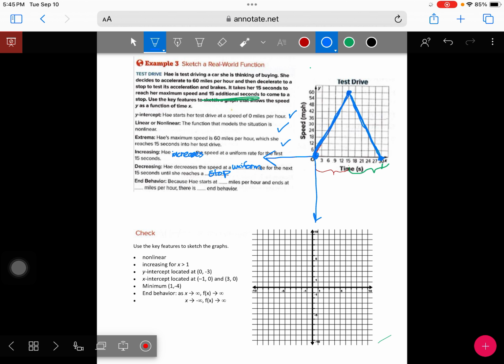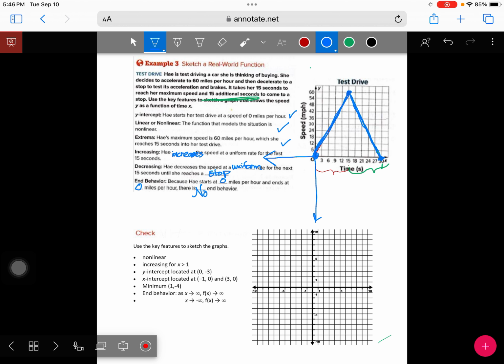End behavior. Because Hay starts at 0 miles per hour and ends at 0 miles per hour, there is blank end behavior. I'm going to say, I should have looked at my notes. Wait, let me look. I want to say that's a no end behavior, because end behavior usually is going to positive infinity or negative infinity.